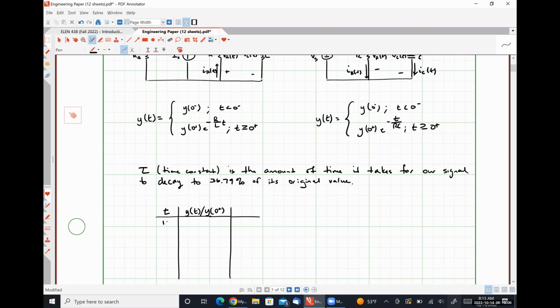In 1 tau, the ratio falls to 36.79%, and this is governed by e to the -1. In 2 time constants, we have e to the -2, which is 13.533%.